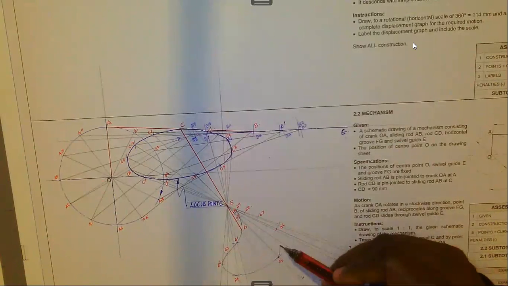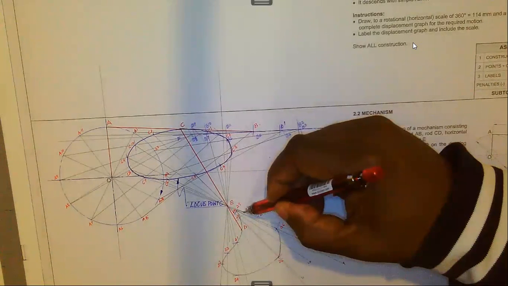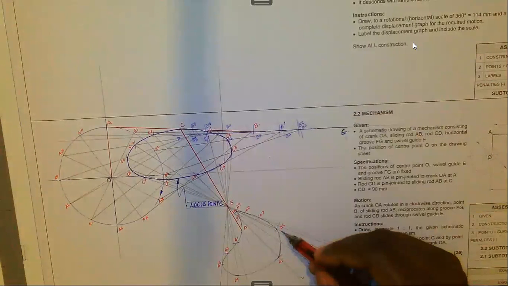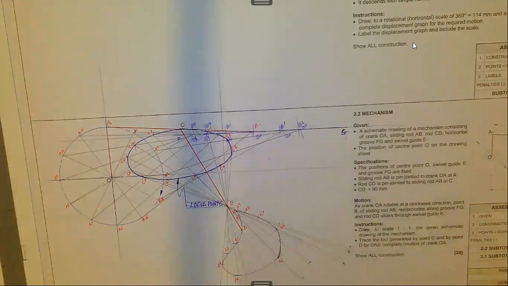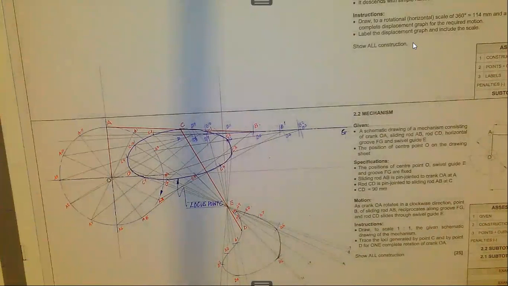And we can also do the same this side. So that is the path which is followed by point D, right? As crank OA completes 1 revolution or 1 turn.